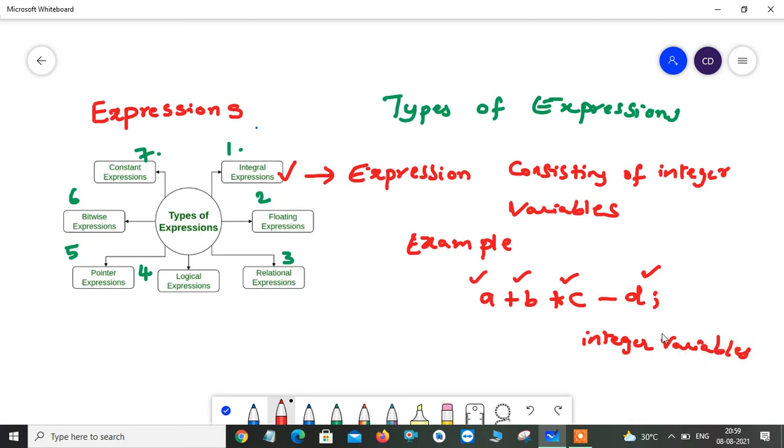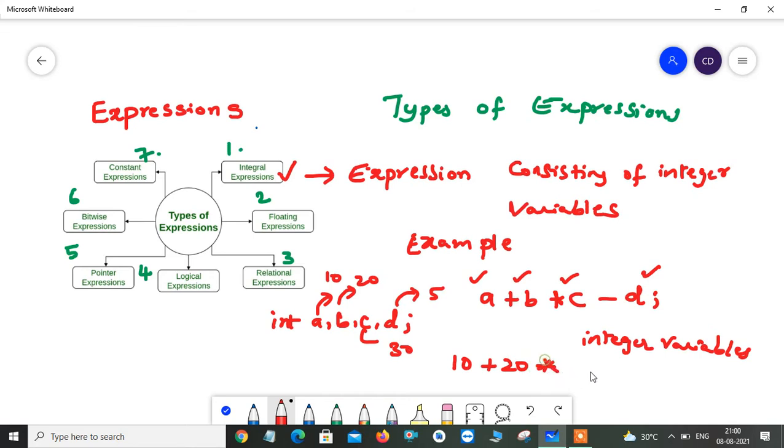Suppose I am given int A, B, C, D, and I initialize some values: A is 10, B is 20, C is 30 and D is 5. Now the compiler is going to evaluate this expression. It will replace these values in place of the integer variables. So now 10 plus 20 multiplied with 30 minus 5.